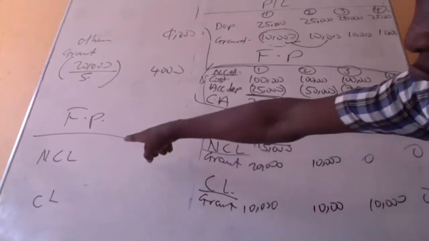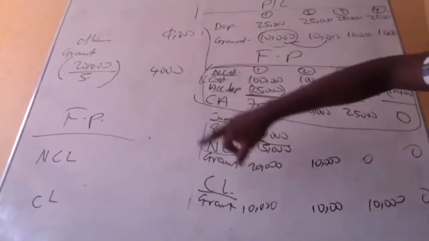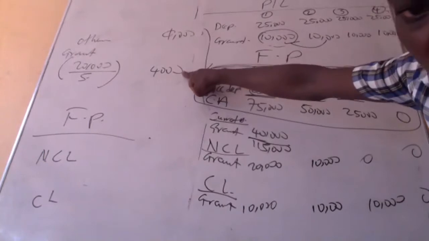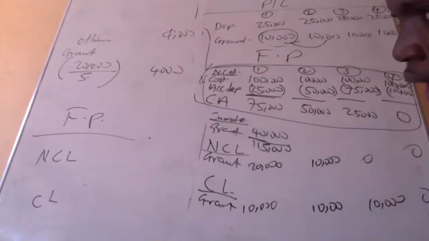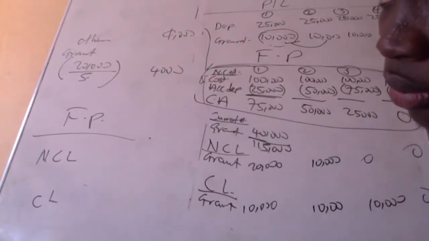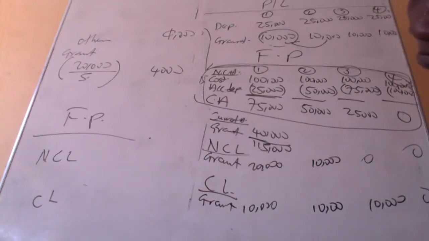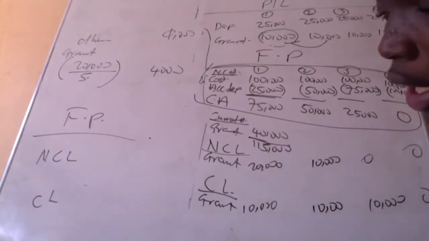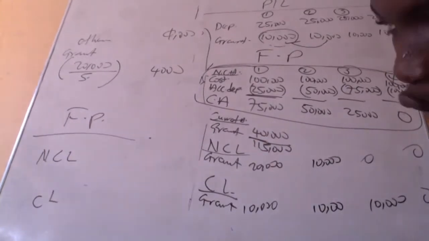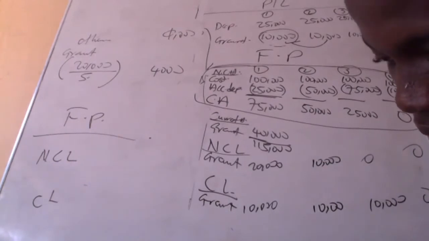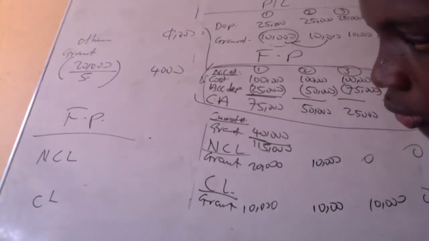A portion has been released to the income statement, which is 4 million. So the balance will be 16 million. Out of these 16, we have to break it down. A portion is current, a portion is non-current. The non-current will be 12, the current will be 4.